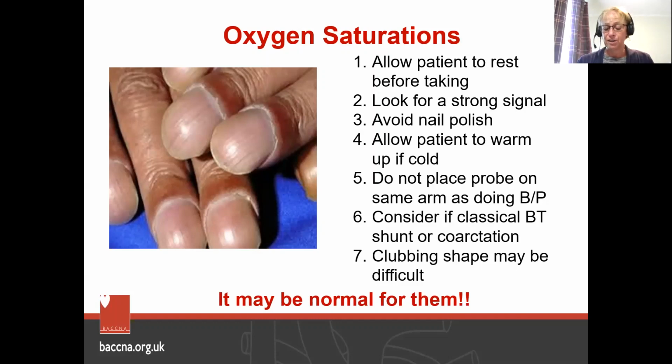And where a good signal is obtained, pulse oximetry readings are accurate as long as the saturation range remains between 70 and 100%. But results cannot be relied on to be accurate outside of that range. So in acute illness, resting saturations are useful, but we do also measure oxygen saturations during exercise testing, sometimes to determine exertional desaturation that may in fact indicate a right to left shunt or a bidirectional shunt.